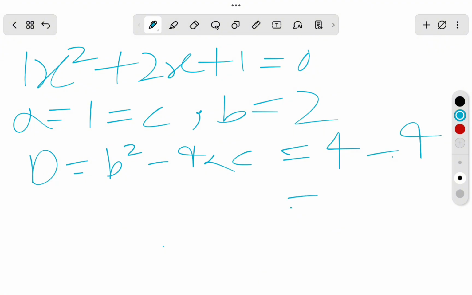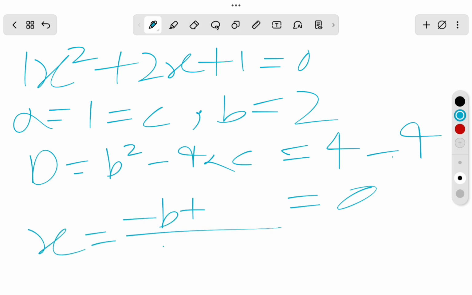That means the discriminant of this equation is 0. From the property of the discriminant, we know that if D is equal to 0, the two roots are equal.